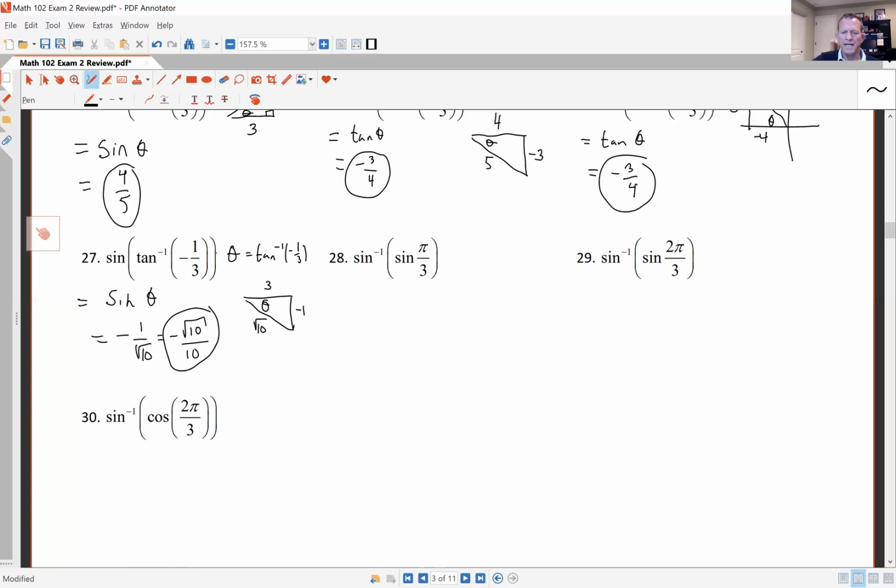All right, these last three, inverse sine of the sine of pi/3, and then inverse sine of sine of 2 pi/3, and sine of inverse cosine of 2 pi/3. There are two ways to do this. You think, okay, inverse sine and a sine, they undo each other, and you just end up with pi/3. But the problem is this one doesn't equal 2 pi/3. So you got to be a little bit more careful here.